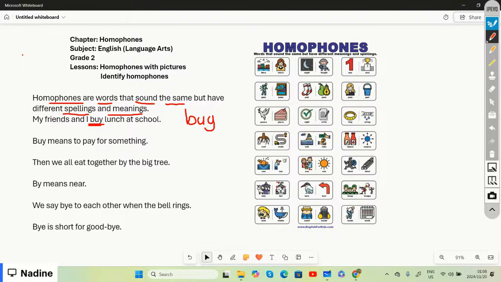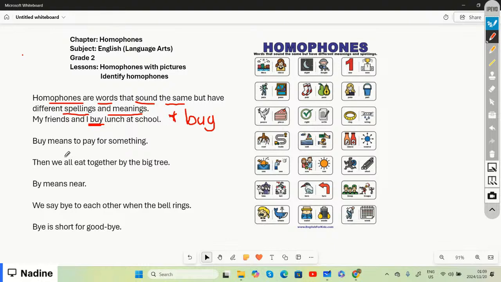It means that you need to pay for all these items, the things that you want in the shops. So that's the first word, buy.